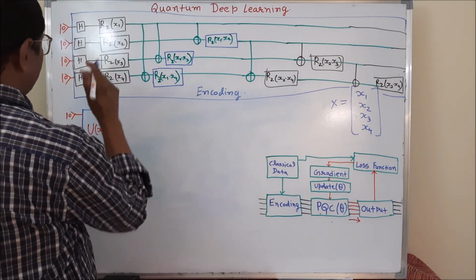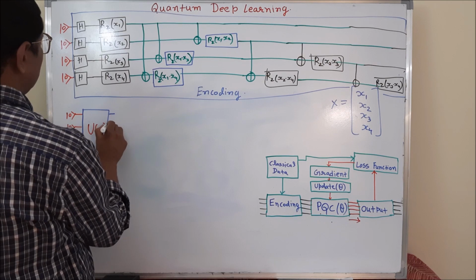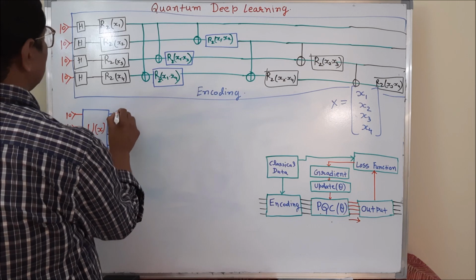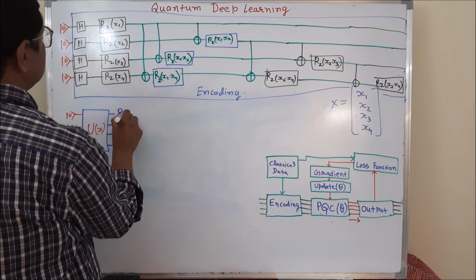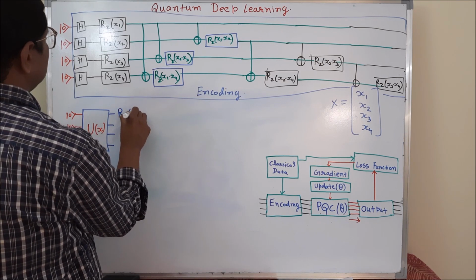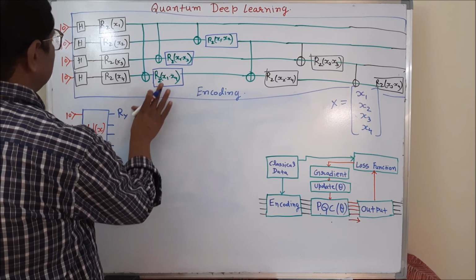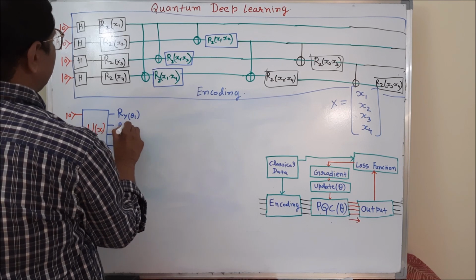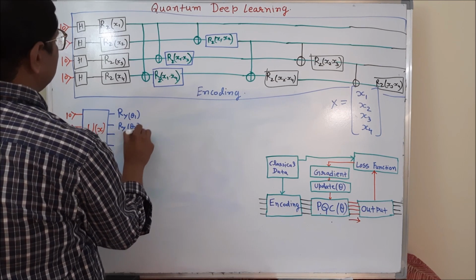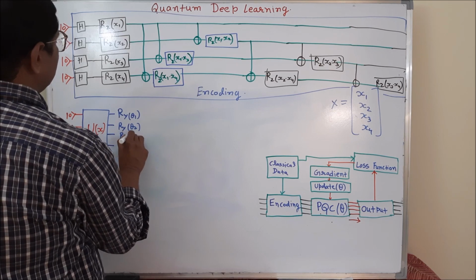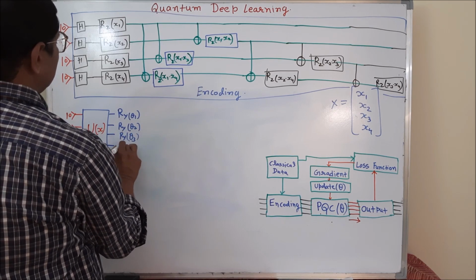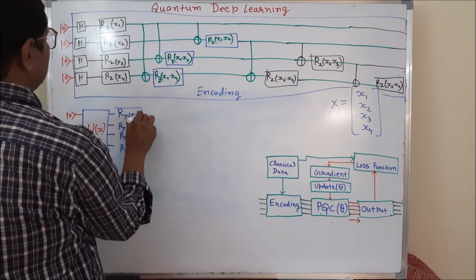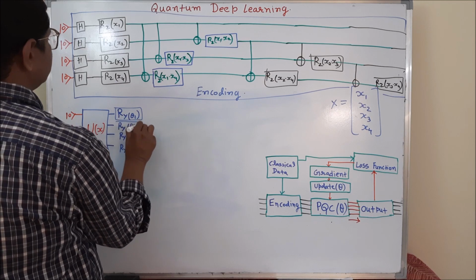How can we achieve that? Once we get all four outputs from the encoding layer or encoding block, we apply some angle shift. Suppose we shift the angle through RY with theta 1, again RY theta 2, RY theta 3, RY theta 4. So these are another angle change blocks.